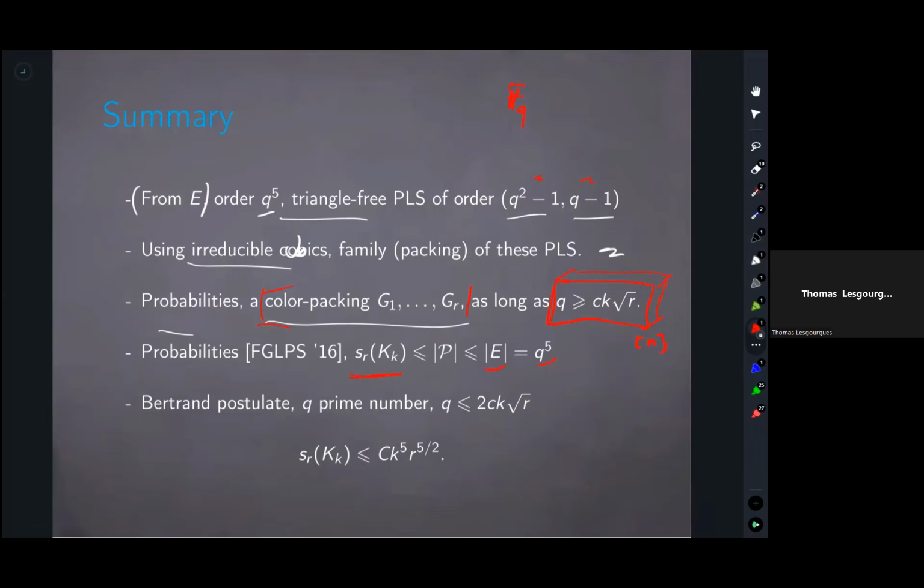And yeah, so we just take the smallest prime that is actually larger than that. And by Bertrand's postulate, we know that there is a prime below twice that. So here we have an upper bound. We know there is at least one prime that verifies that and that. And so we know that S_R is now smaller than q^5, which is just our final result. So it's a lot to take in.